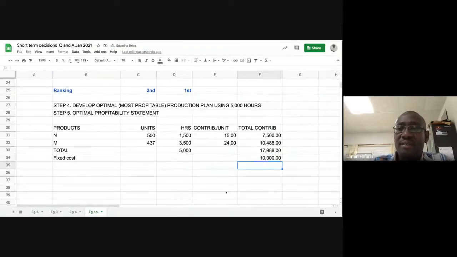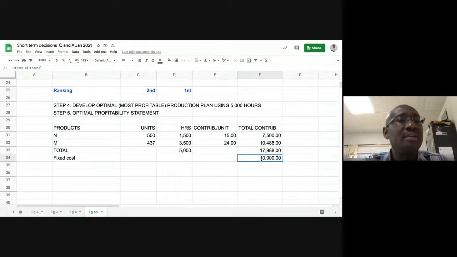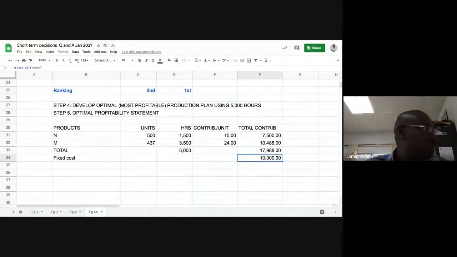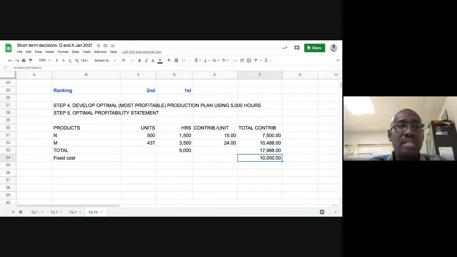So we have our 10,000 like that. So we cannot use 437. No, because our fixed cost was based on our budgeted quantities, our budgeted units. So that is not going to change.